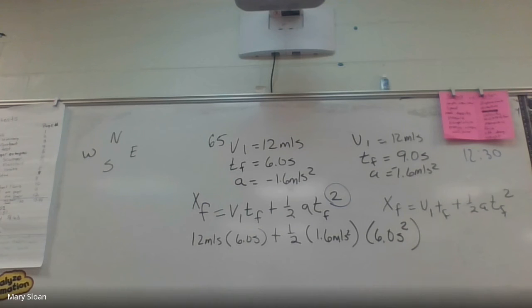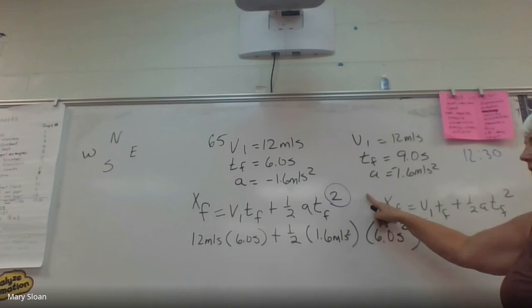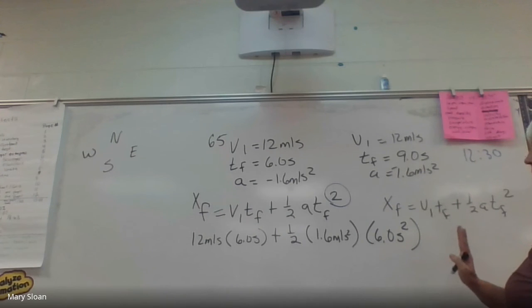This time, the only thing you have to do, remember how we do this, is arrow up to your last answer. What are we going to change? The 6 seconds. That's all we're doing.